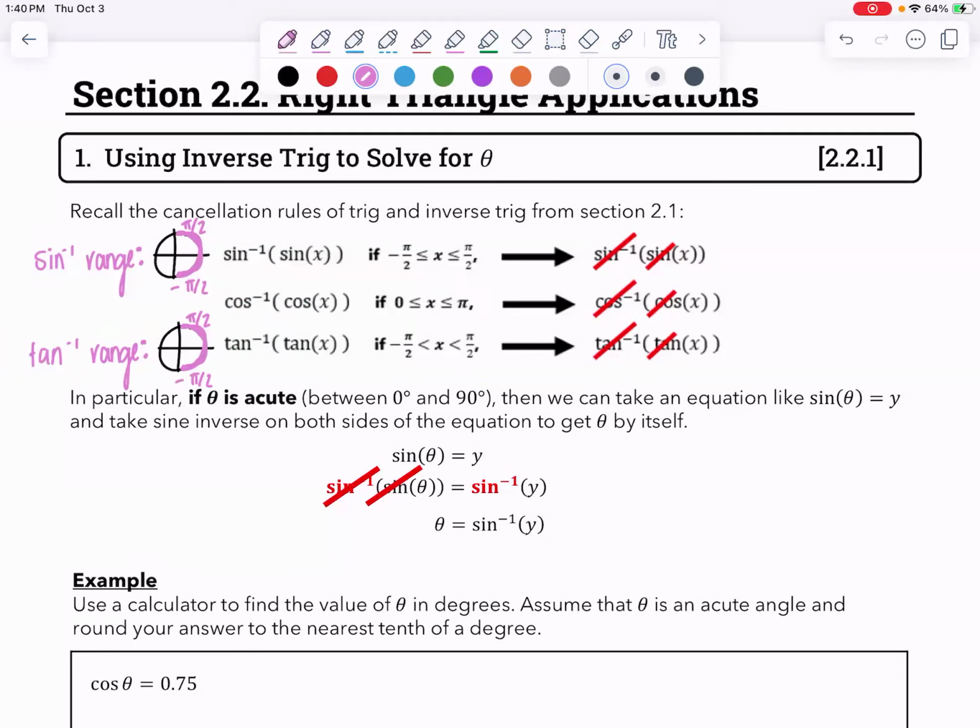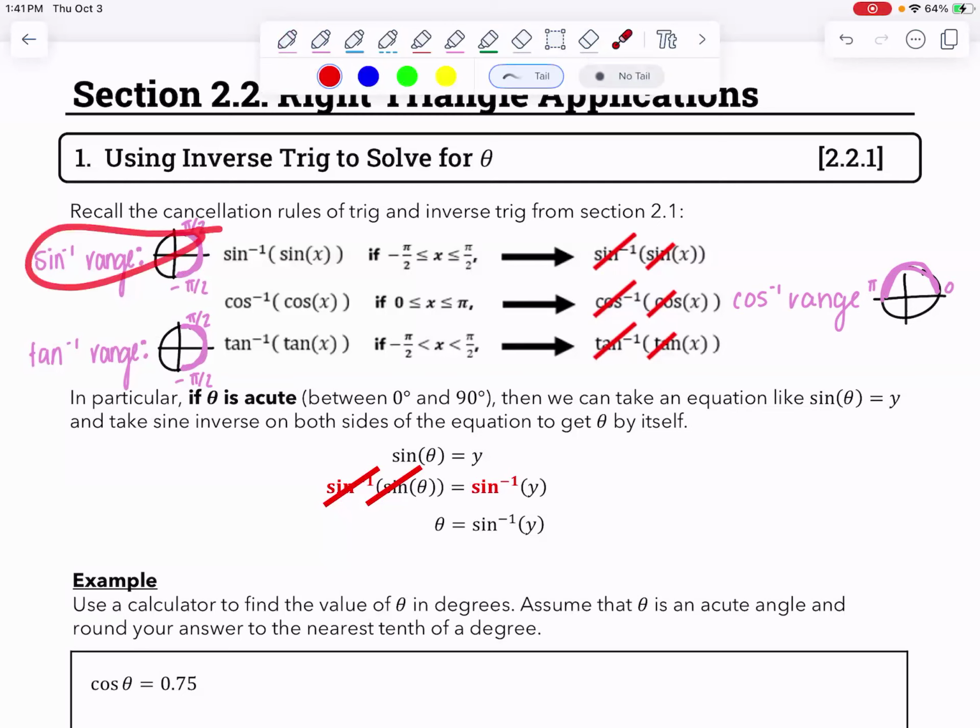And for cosine, the range is that upper part of the circle from 0 to pi. So as long as for sine inverse and tangent, your angle is between negative pi over 2 and pi over 2, and for cosine is between 0 and pi, the inverse trig and regular trig will cancel.